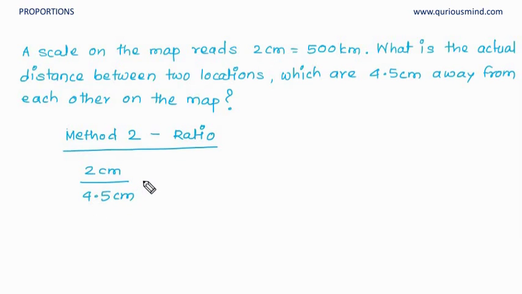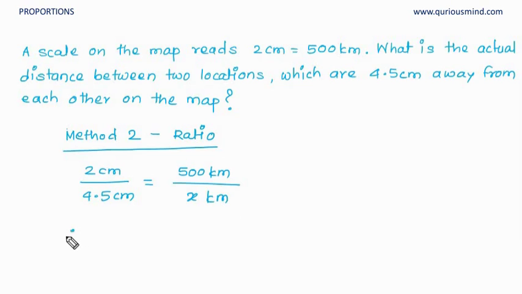We know this is a proportional quantity, so that ratio is going to be equal to the ratio of the actual distance. So the ratio of distance on the map is going to be the same as the ratio of distance in actuals, 500 upon x kilometers.